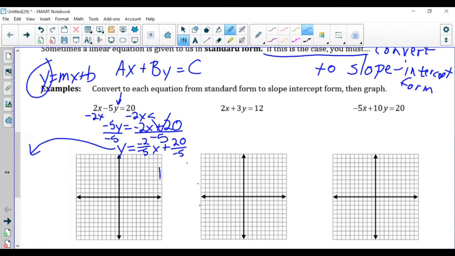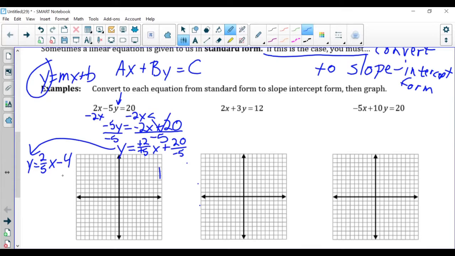What happens when you have a negative divided by a negative? It makes it positive, right? So I get y equals 2/5 x. Next, I have positive 20 divided by negative 5. A positive divided by a negative gives me a negative, and 20 divided by 5 is 4. So my final equation here is y equals 2/5 x minus 4.